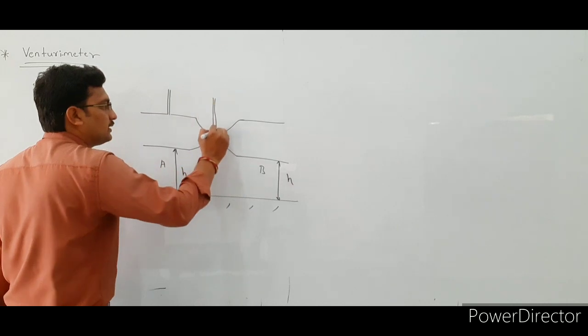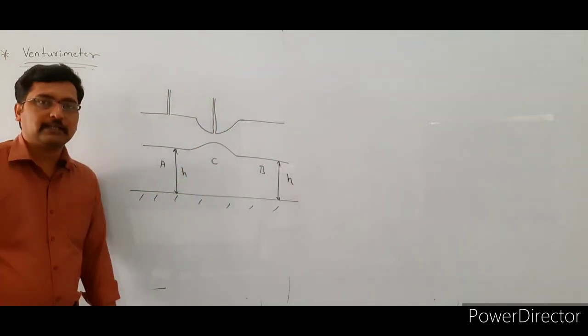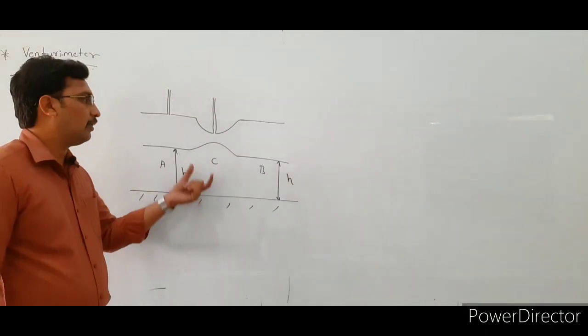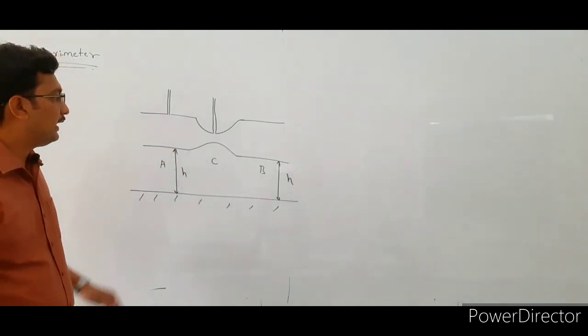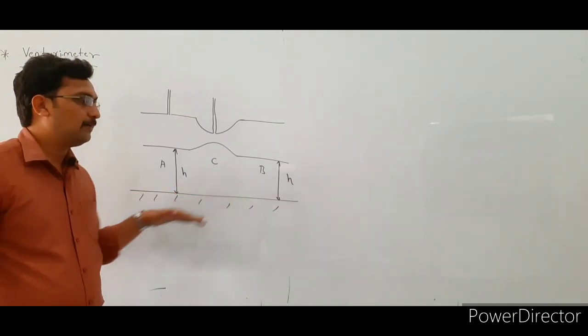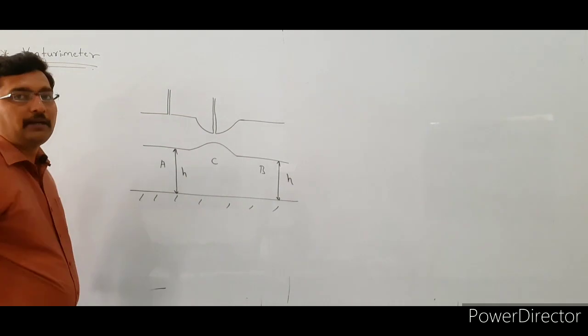So this is the construction of a Venturimeter. It consists of the two identical pipes A and B, connected with the help of a narrow pipe C, and the height of the first tube and the second tube is the same, H, from the horizontal surface. After that we fix the two vertical pipes.